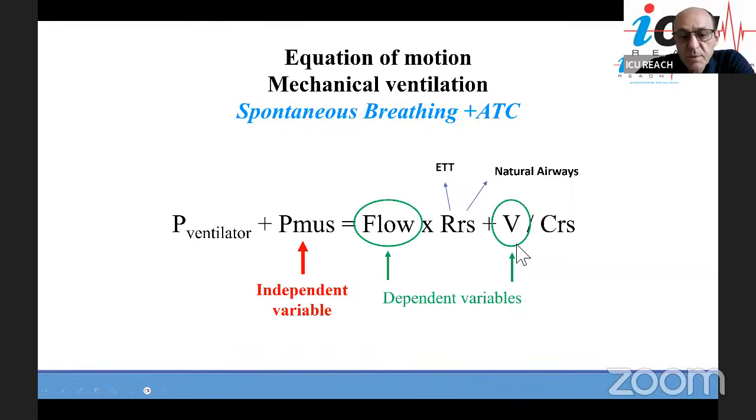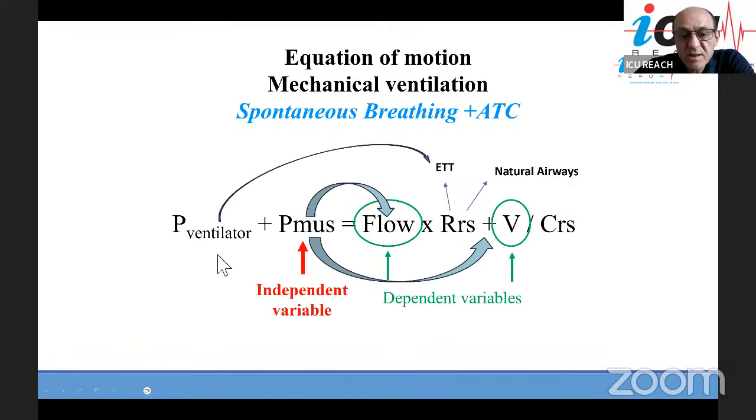However, the ventilator pressure that we set is set to overcome the airway resistance caused by the ET tube. So we're going to overcome this part only by the ventilator. However, the flow is variable.